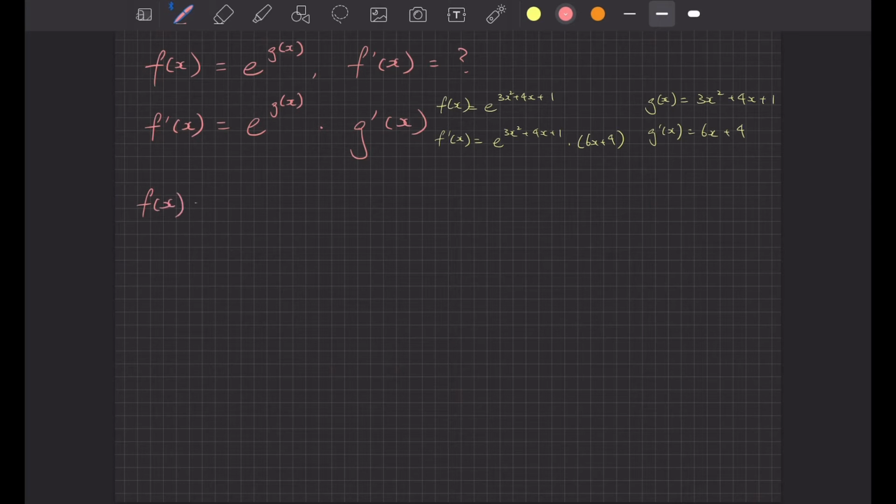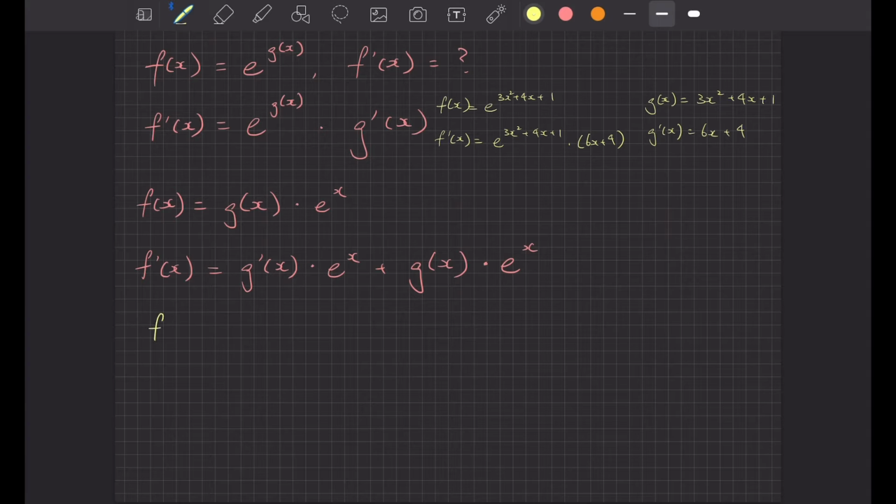When f(x) is equal to g(x) times e to the power x, in this case we are going to use the product rule. f'(x) would equal g'(x) times e to the power x plus g(x) times the derivative of e to the power x, which means it is still e to the power x.